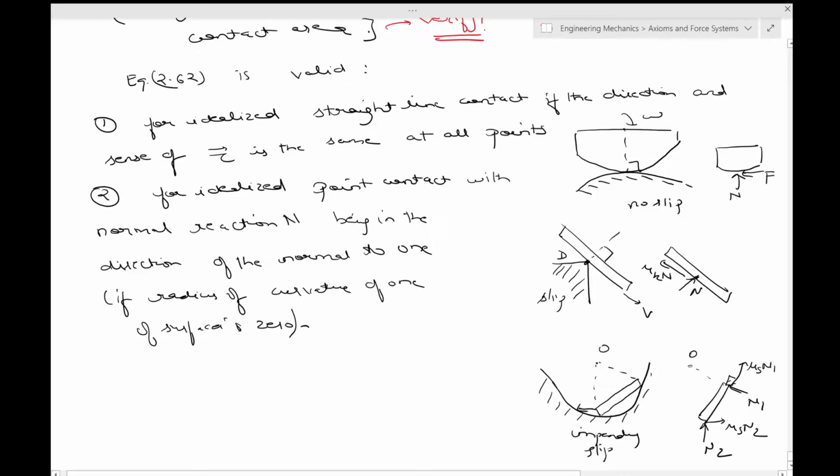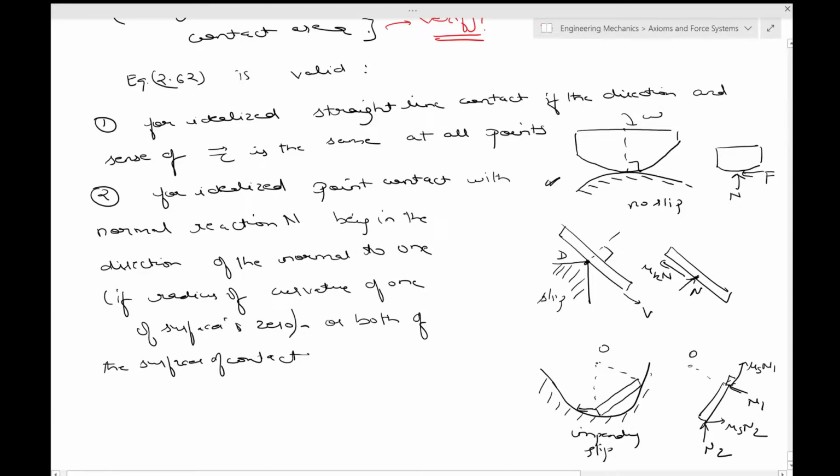Okay, or both surfaces of contact. So with normal reaction n being in the direction of the normal to 1 or both of the surfaces. So you can see and identify what are the cases in which the normal reaction is in the direction which is normal to one surface, and in some cases it is normal to both surfaces.